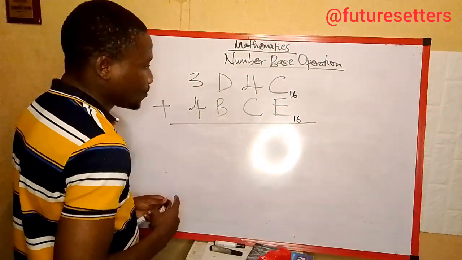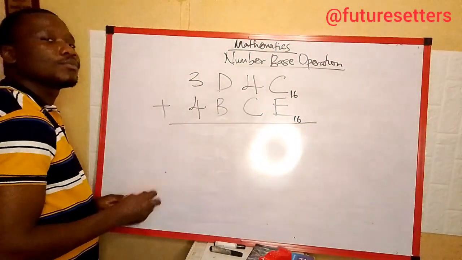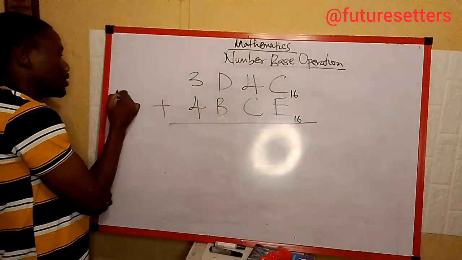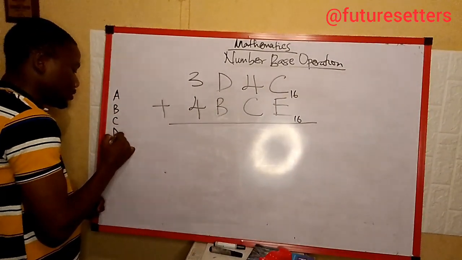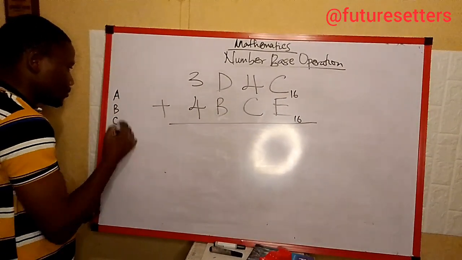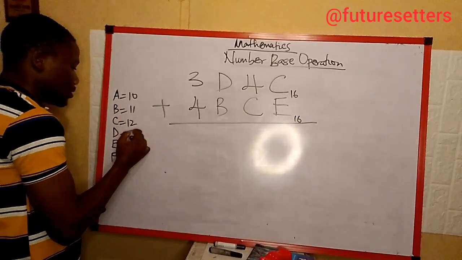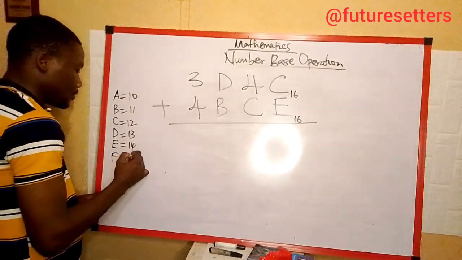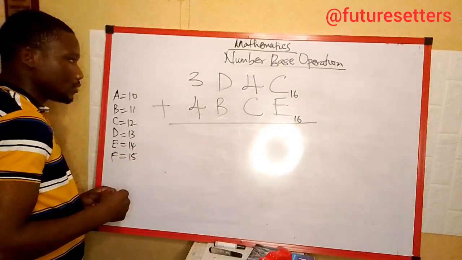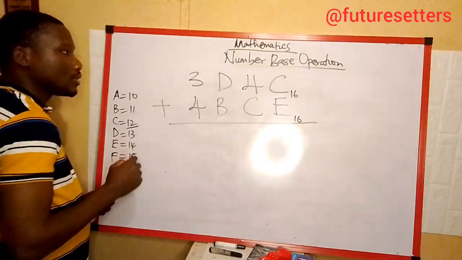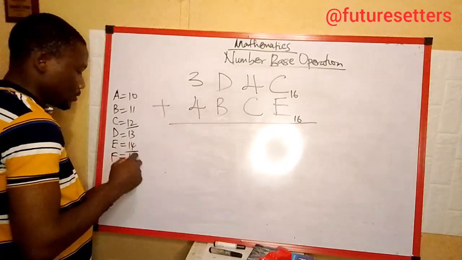Alright. So now you ask yourself, what's C? So we have A, B, C, D, E, F. A is 10, 11, 12, 13, 14, and 15. So C is 12 and E is 14.